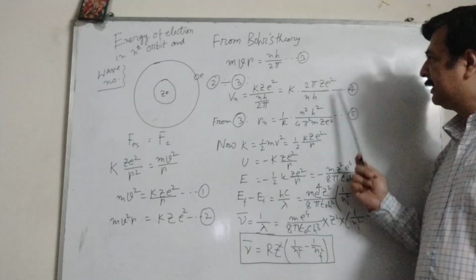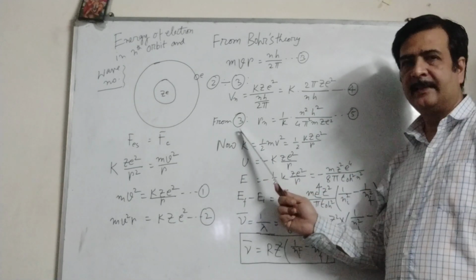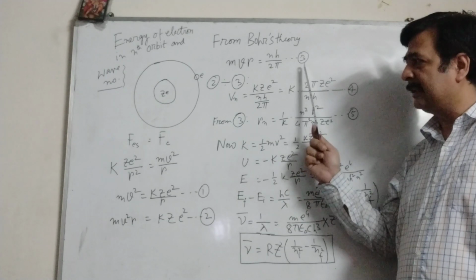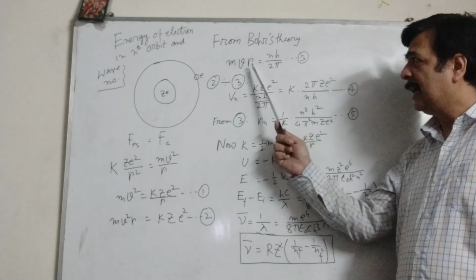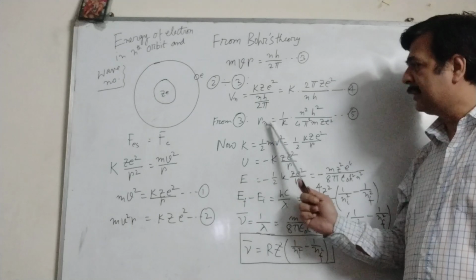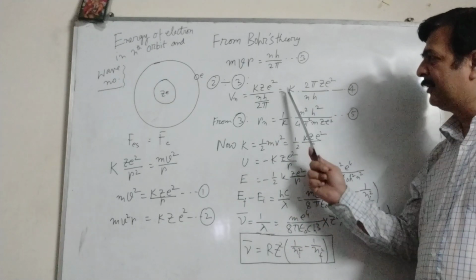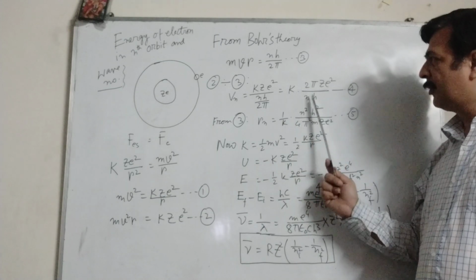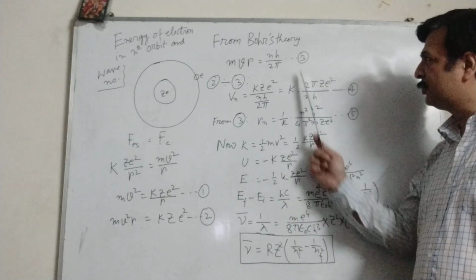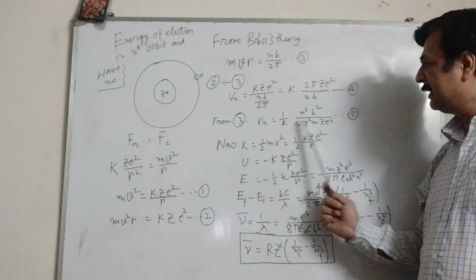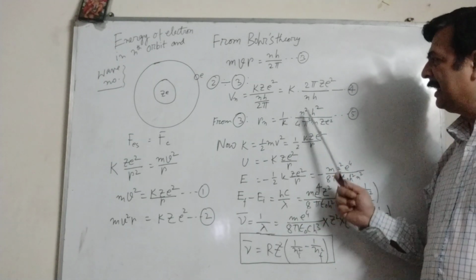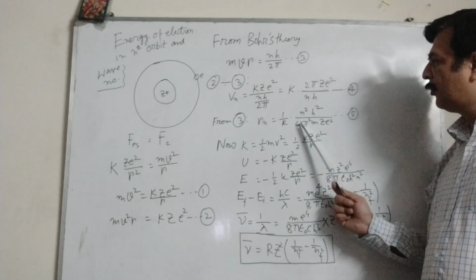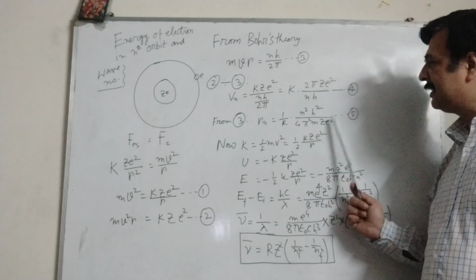Now from the equation mvr equal to nh by 2 pi, putting the value of Vn from 4 into 3, I get Rn is equal to 1 by k, n squared h squared divided by 4 pi squared m Z e squared.